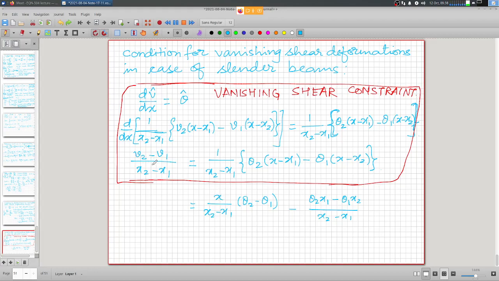Only then can we have equality between this constant term and this constant term. So this has to vanish, and that means theta 2 is equal to theta 1.